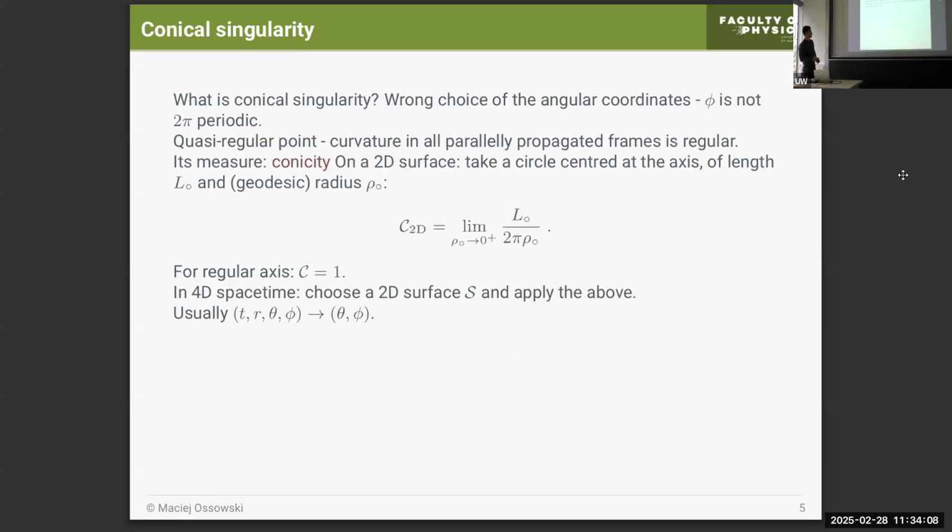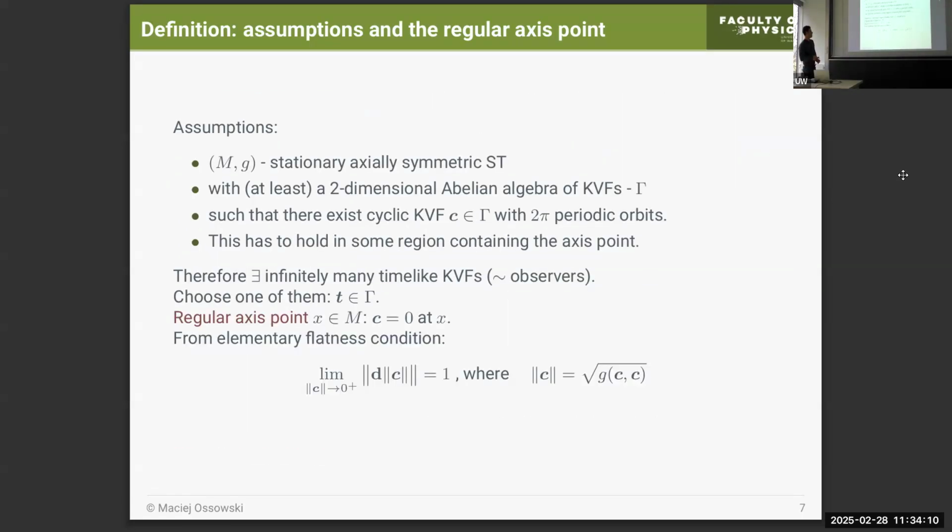However, it follows from this limit. What is here is the norm of this cyclic Killing vector field. Then you take a gradient, and then we again take the norm. And as we tend to the axis, because the axes are the points where the norm of C vanishes, because C is space-like, then it has to be 1. And this is the condition that we'll be trying to generalize.